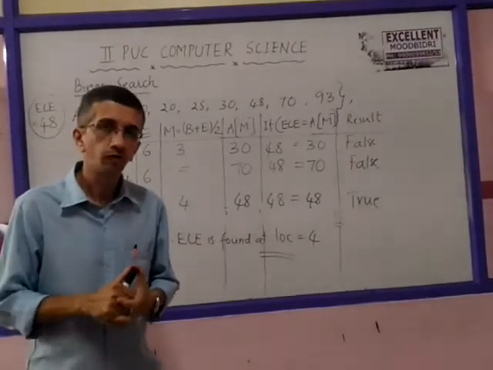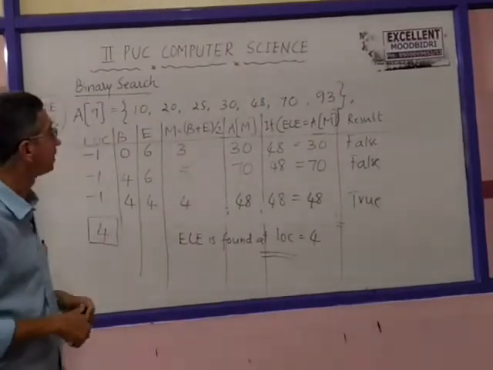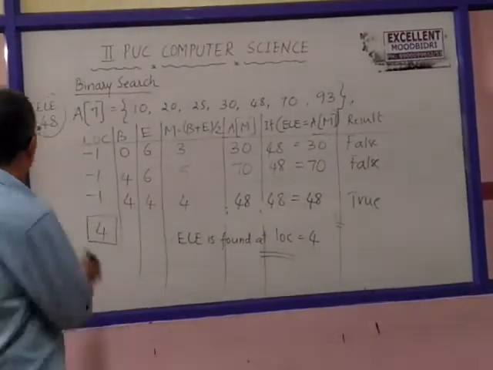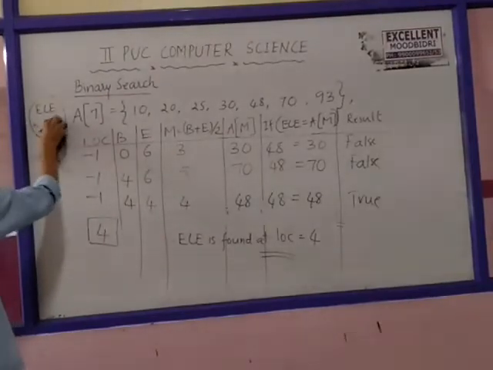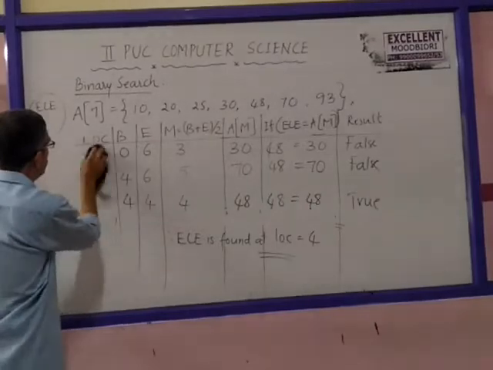Now, when the item is not found in the array, how do you trace it? What happens? Suppose we are taking an example like this, where the search element is not found in the array. We'll trace this.